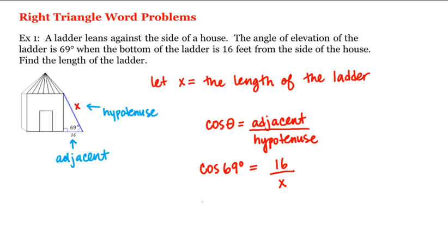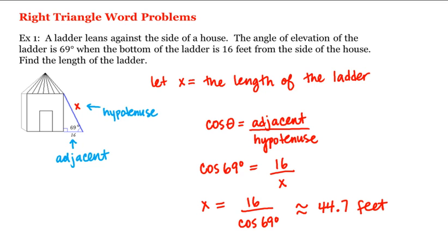Which means that x is equal to 16 divided by cosine of 69 degrees. And plugging this into our calculator, we get that this is approximately 44.7 feet.